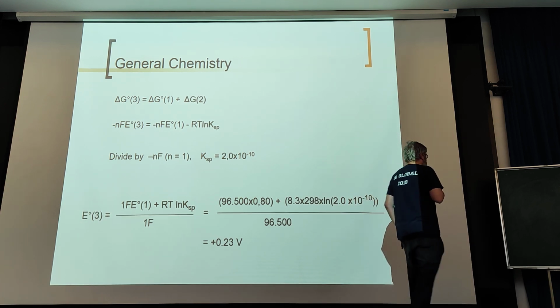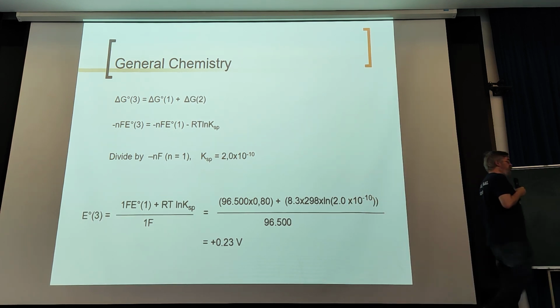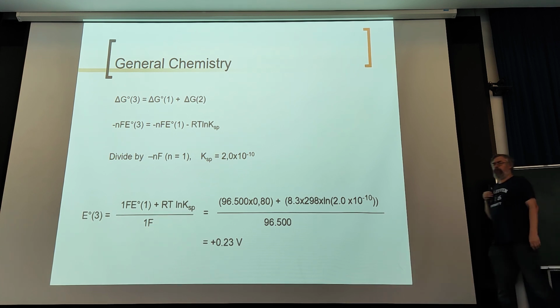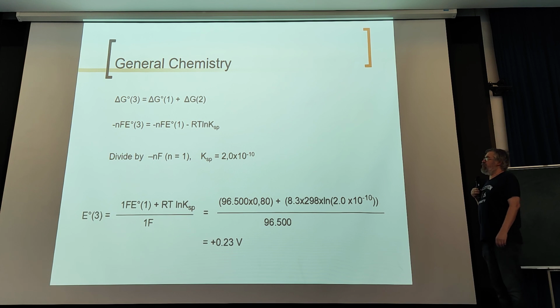And now we divide by minus nF, so we have the Faraday constant and the number of electrons that are involved in the first and the third reaction, which is 1 electron. So n is 1. So the KSP we know is 2.0 times 10 to the minus 10.